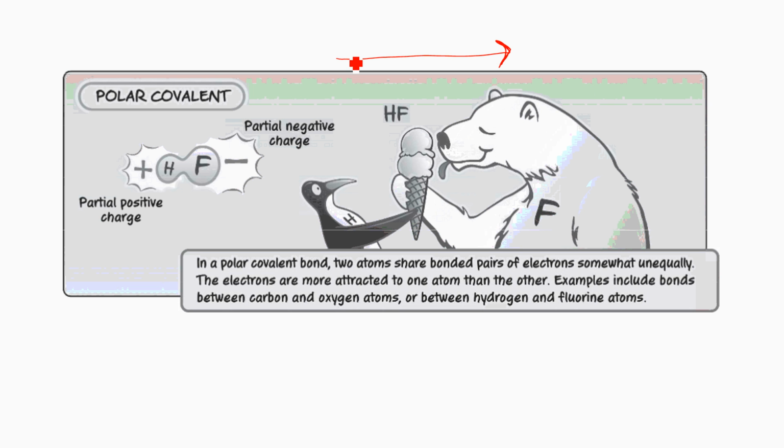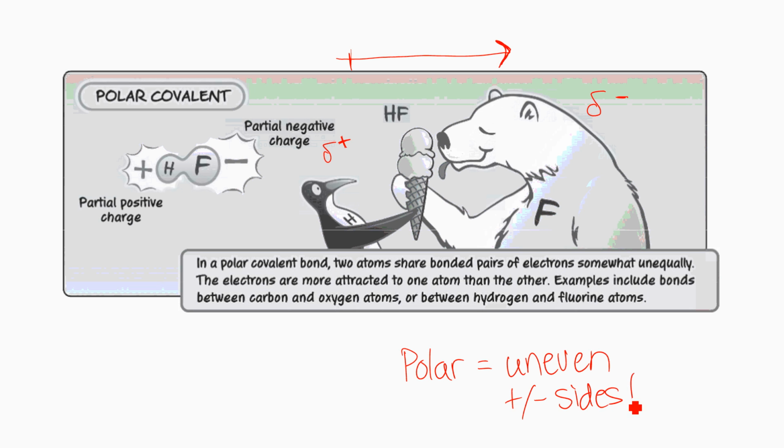And as a result, since the electrons are being pulled more towards this side, the fluorine side of the bond ends up with a slight negative charge, the hydrogen side ends up with a slight positive charge. And that's what it means to be polar, when it's uneven and you end up with a positive and negative side to the bond.